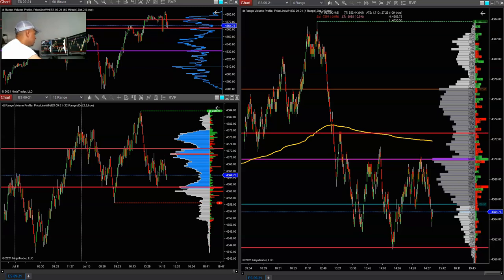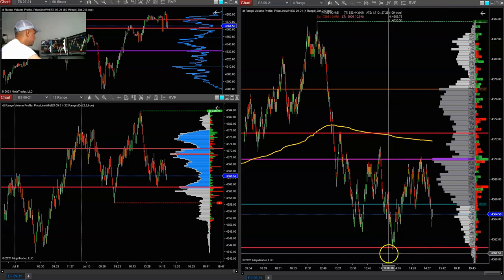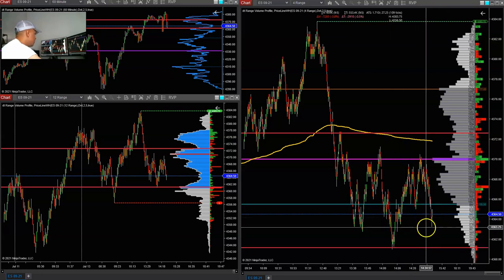This could be a long entry right here, if price shows me that it wants to just push a little higher or on a pullback. So this is just basically a pullback, guys. Price pushing up and pulling back right here.